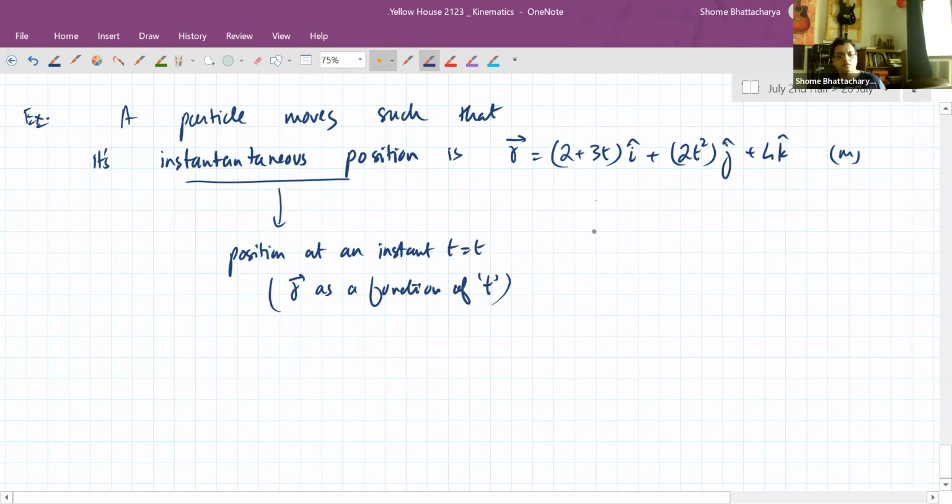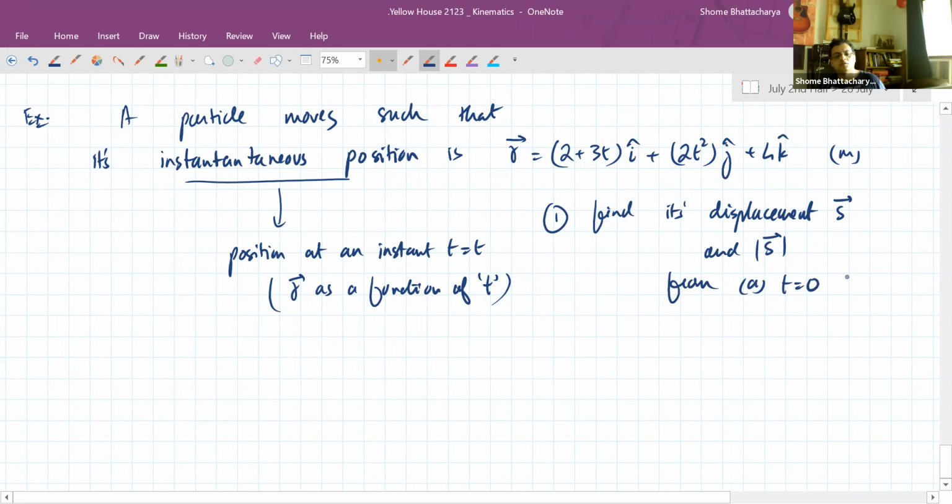So find its displacement S and magnitude of the displacement from 0 to 1 second, 1 to 2 seconds.